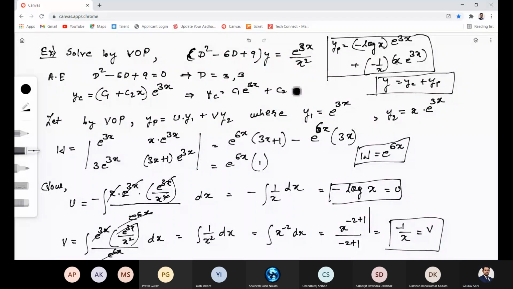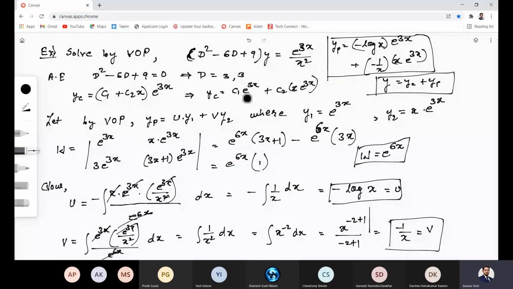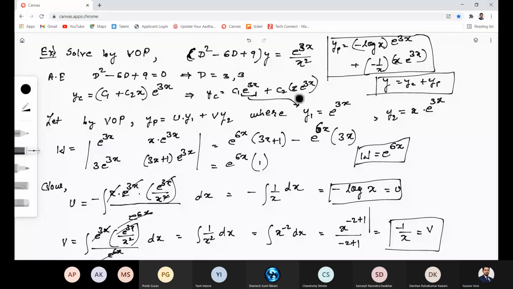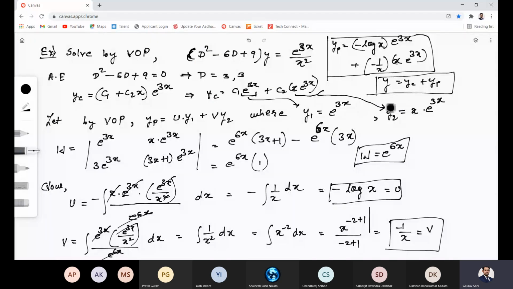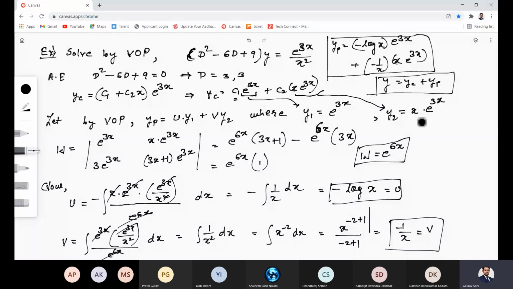So if I open the bracket here I'll get c1 e to the power 3x plus c2 x into e to the power 3x. So every time you will have to do this. Open the bracket and whatever is the first constant declare it y1, whatever is the second constant declare it y2.